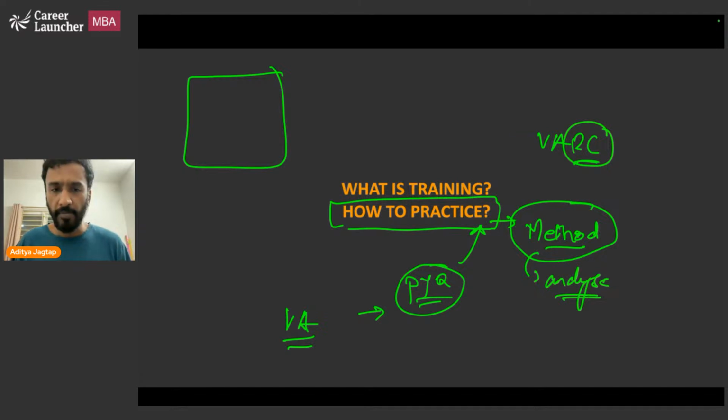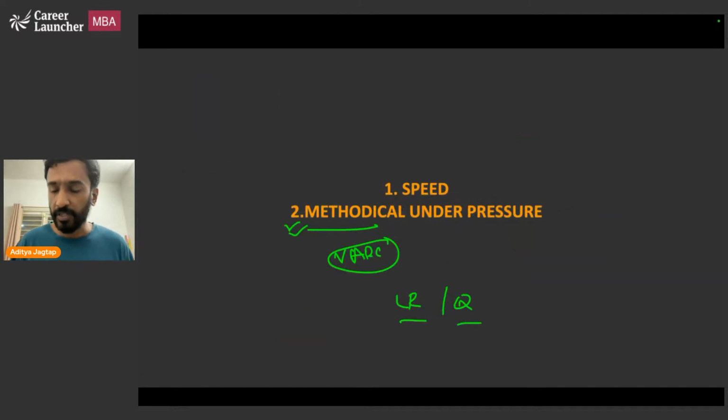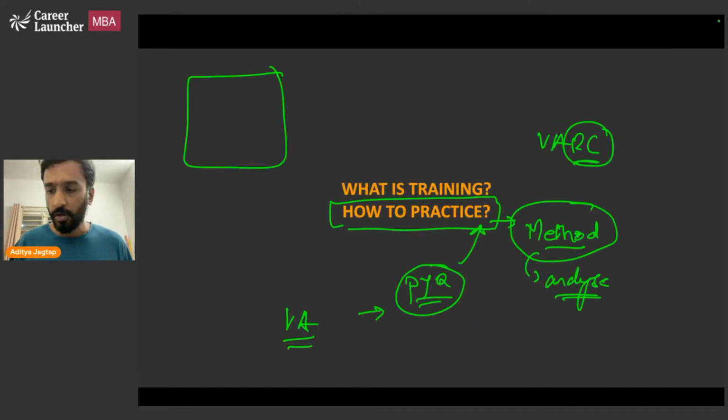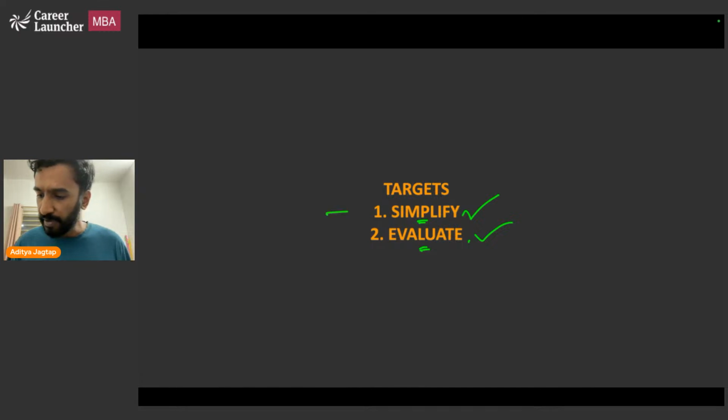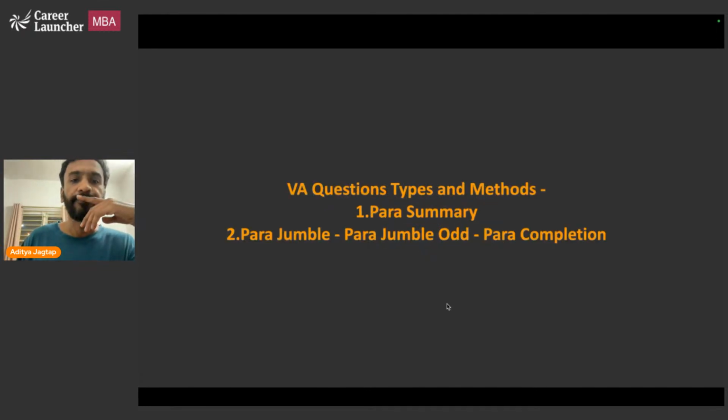A similar reading ability is required, where we eventually should be able to simplify and evaluate any kind of text-based information given to us. Any kind, meaning it could be on any topic, and it could have any level of difficulty in language. It can be really hard English, it could be easy. So this is what we need to do: simplify and evaluate information.